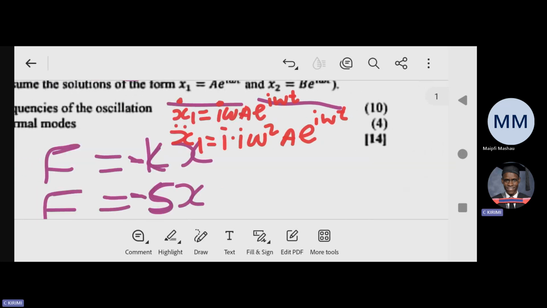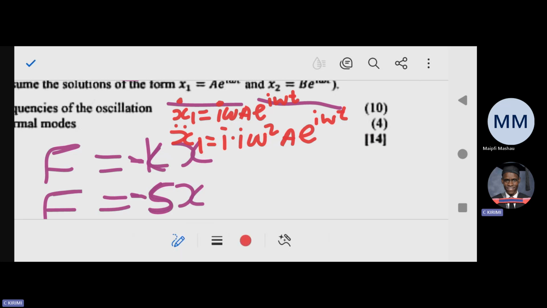So we take that x1 double dot. If you simplify, you get i times i, which is negative, since the square root of minus 1 times the square root of minus 1 is negative. So it will be negative omega squared A e to the power i omega t.